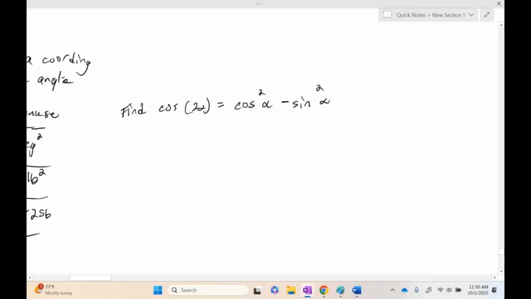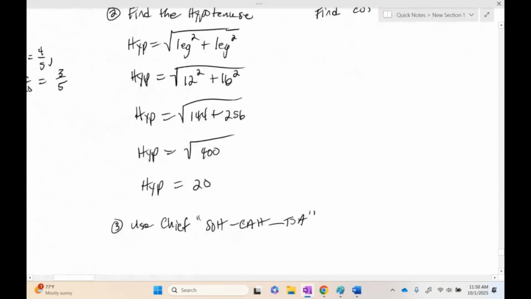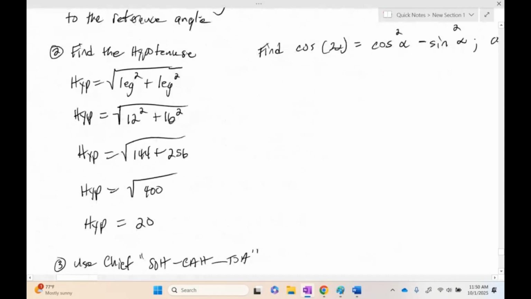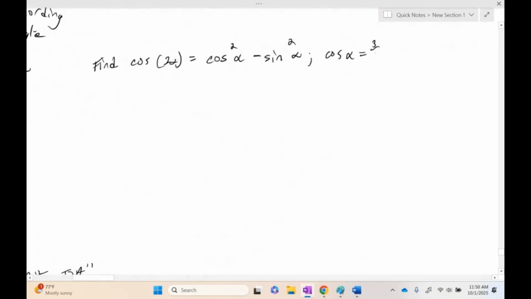So in this formula, we're going to substitute in the cosine as we found that to be 3/5. We're going to substitute in the sine of alpha as 4/5 and simplify.